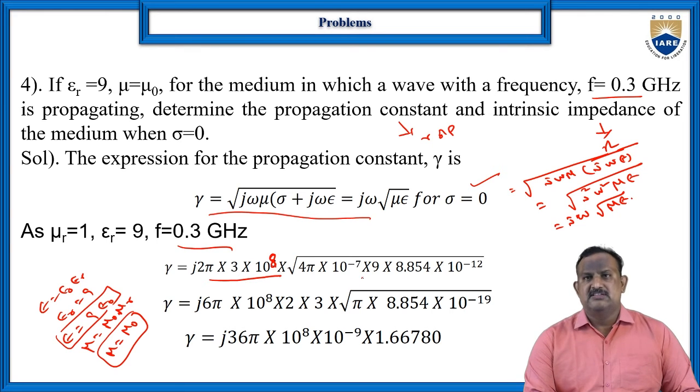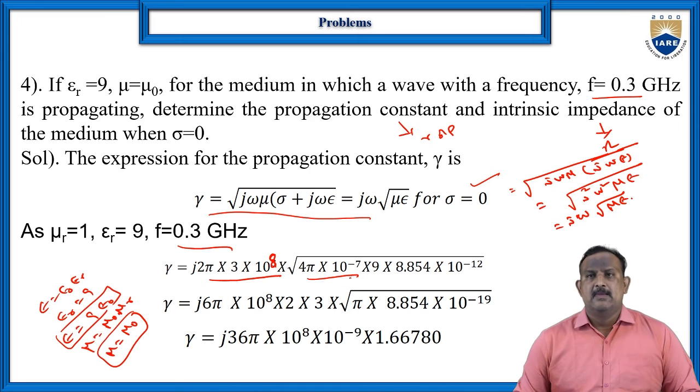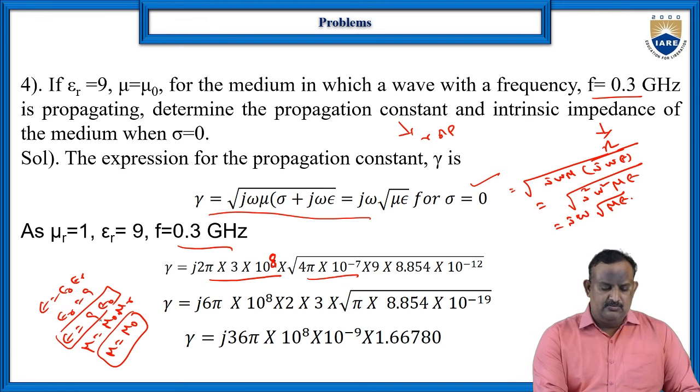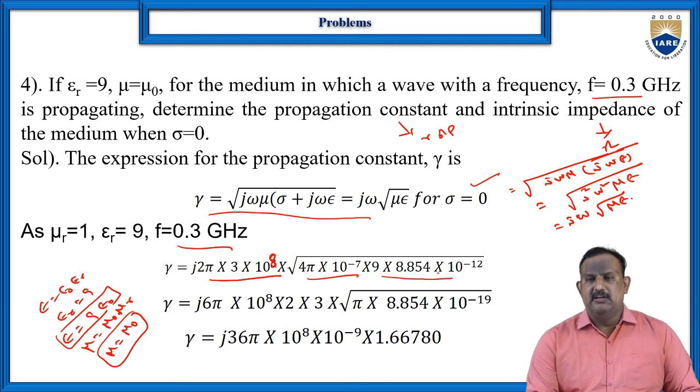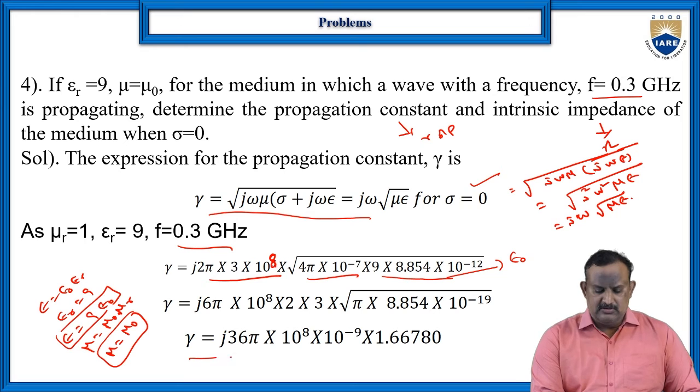Here mu is given as mu naught, and mu naught is 4 pi into 10 power minus 7. Epsilon equal to 9 into epsilon naught, and epsilon naught is 8.854 into 10 power minus 12. If you simplify the expression, we get gamma like this.